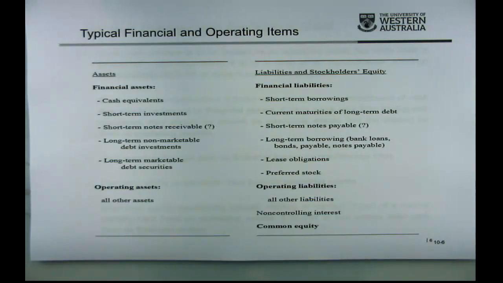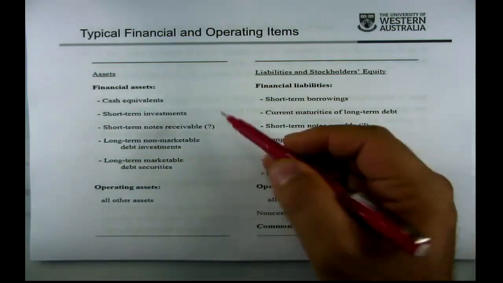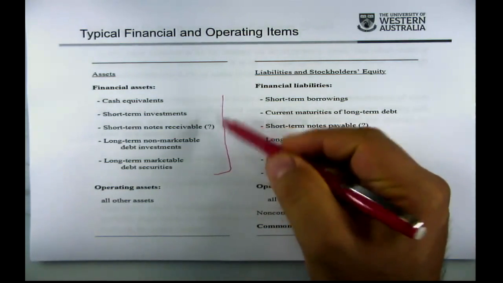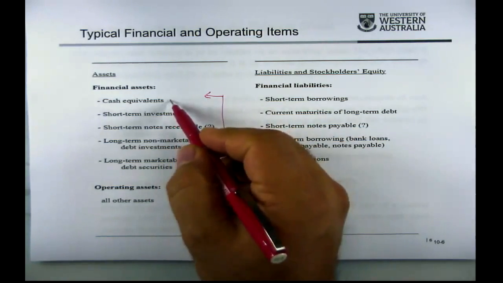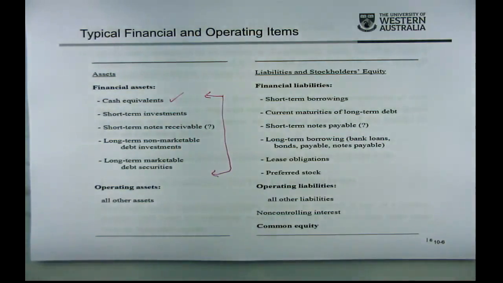Now let us see what types of assets and liabilities should be classified as financial. On the assets side, we have cash equivalents. Cash equivalents are very short-term and highly liquid debt securities. So cash equivalents means debt securities.